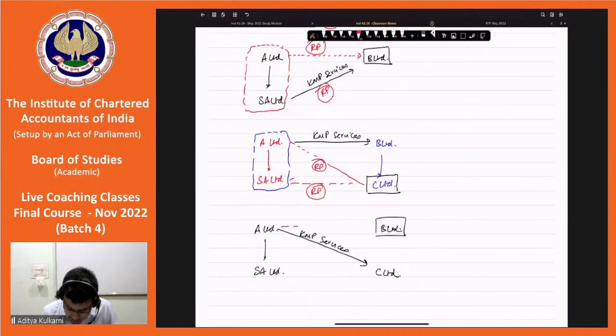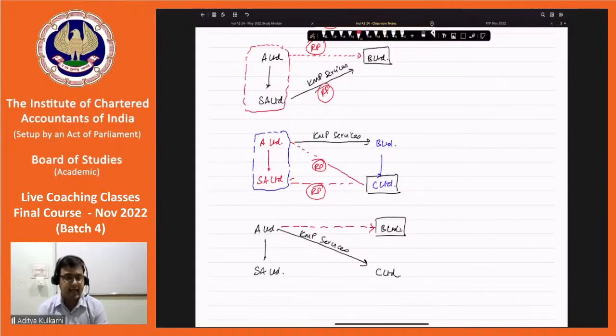So now the question is, is A Limited a related party of B Limited? And now you answer this. KMP services are provided to C Limited. B Limited is the reporting entity.